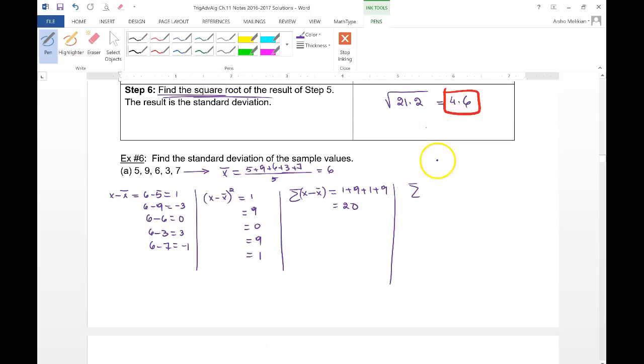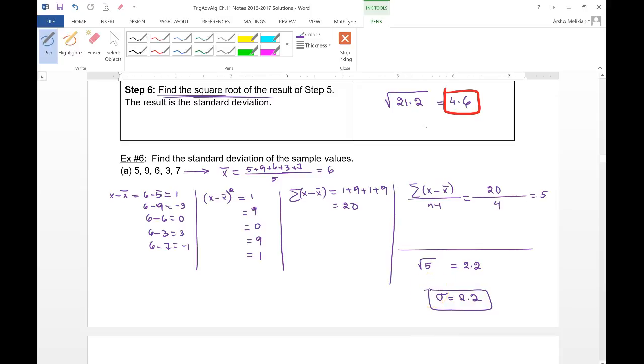Divide by n minus 1. So that's going to be 20 over 4, and that's going to be a 5. And then the next step is take the square root of 5. How much is that? 2.2. So sigma is 2.2.